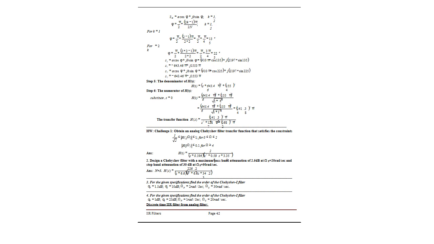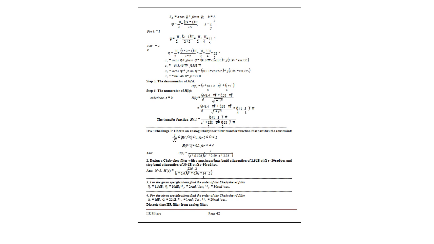Step 5: we have to find the denominator of H of s, that is (s plus 6.434 pi) the whole squared plus (155 pi) the whole squared. The numerator of H of s is found by substituting s equal to 0, that is (643.4 pi squared plus 155 pi squared) by root of 1 plus epsilon squared.